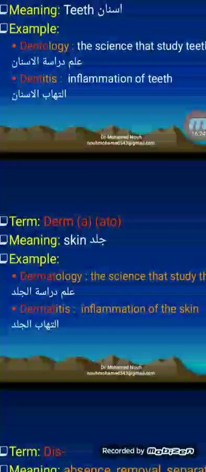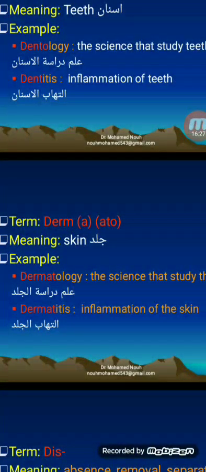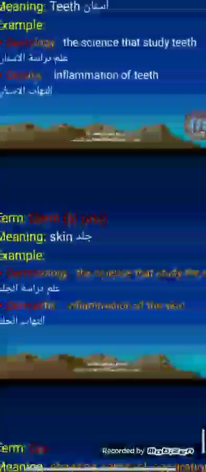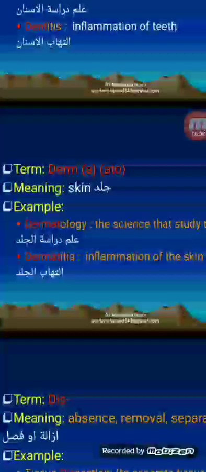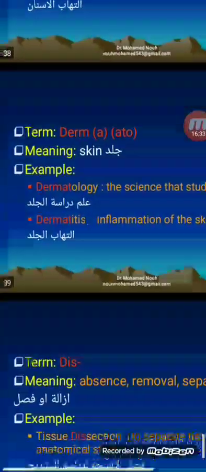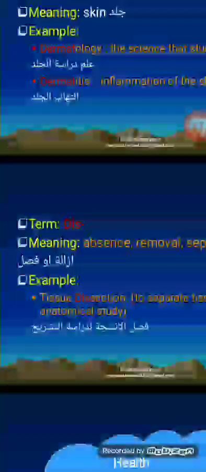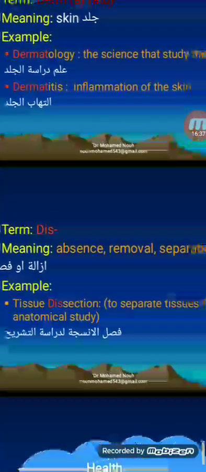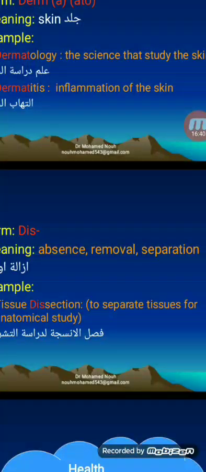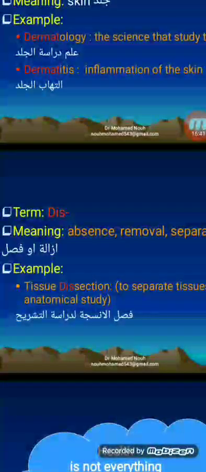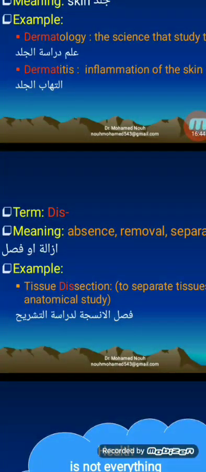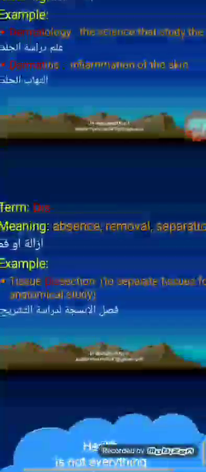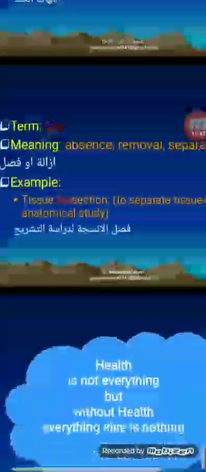Derm means skin. Dermatology is a science that studies the skin. Dermatitis, inflammation of the skin. Very easy. Dis means absence or removal or separation. This is the prefix. Tissue dissection, separate tissue for anatomical study.